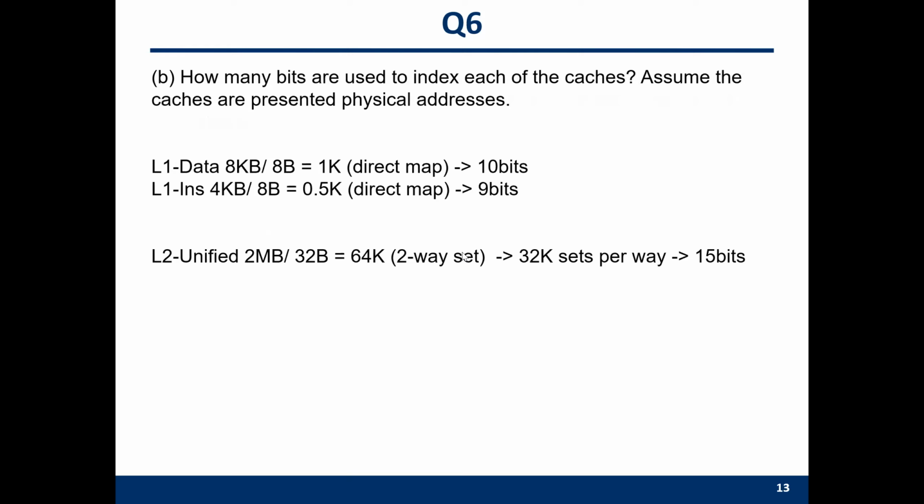So how many bits are used to index each of the caches? Assume the caches are presented with physical addresses. So we have three types of caches here. Let's analyze them one by one.